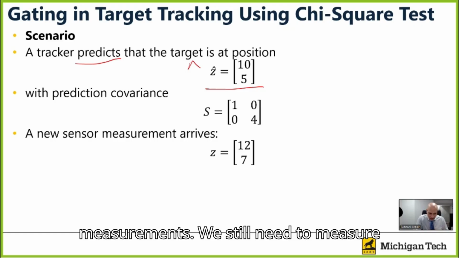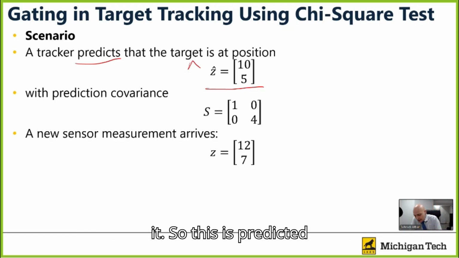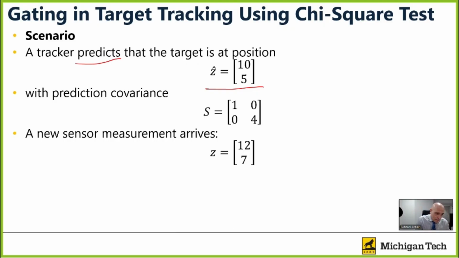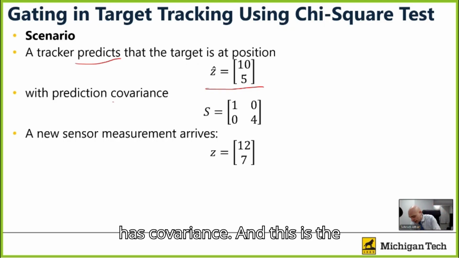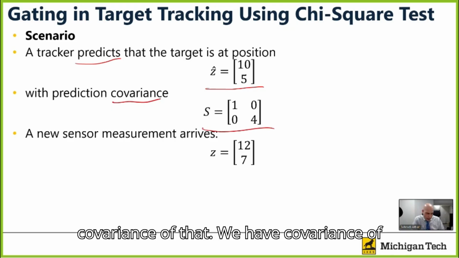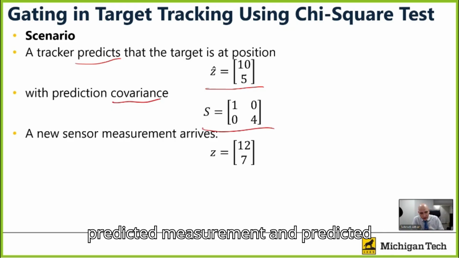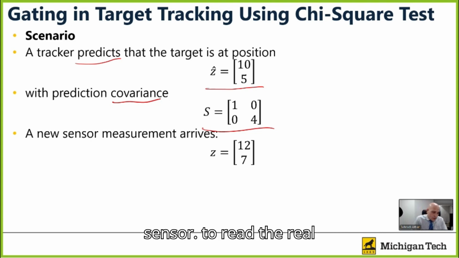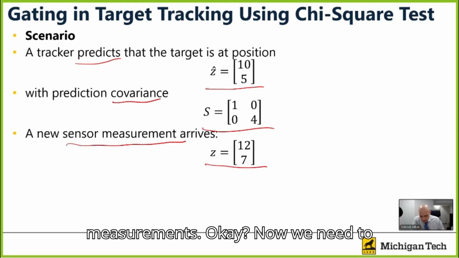We still need to measure it. Predicted measurement has a covariance, and this is the covariance of that. Then we use the sensor to read the real measurement, and this is the real measurement.